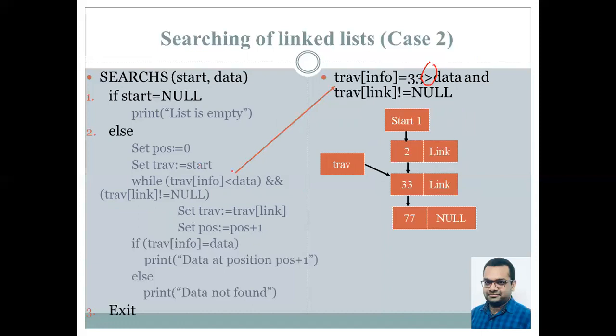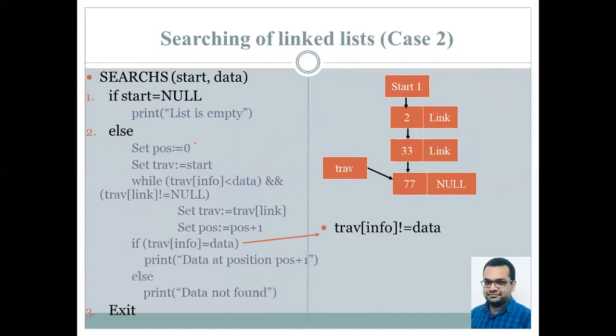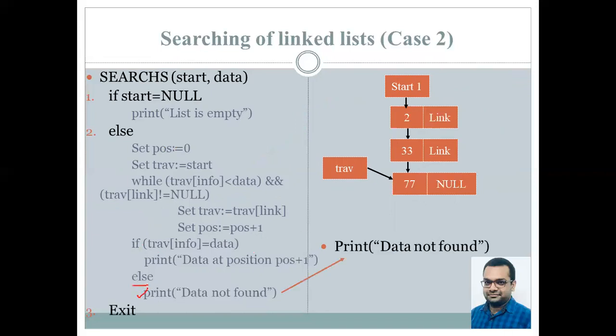So now you can see this condition is reversed. This is now false. Even though traversal link is not equal to null, this being the second condition of the check over here, we exit out of the loop. These statements are not executed. And we simply check if traversal's information equals the data, which is not the case over here. So we print that the data has not been found.